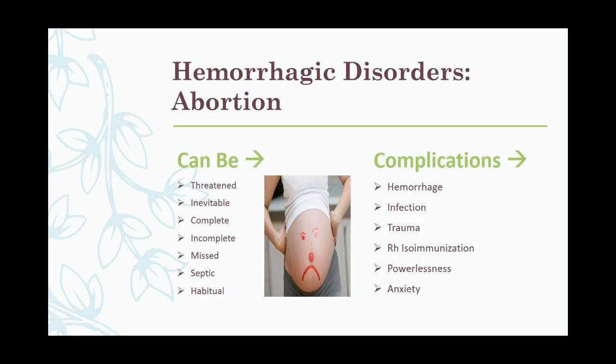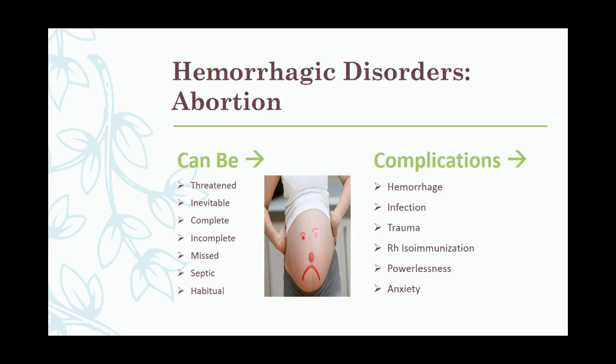So let's first talk about abortion. What types of things do we need to know about abortion? Well, it's important to realize that abortions can be threatened, meaning that they are threatening to happen but have not yet. Abortions can be inevitable, meaning that they're going to happen no matter what you do. They can be complete, meaning that all of the products of conception have been lost.